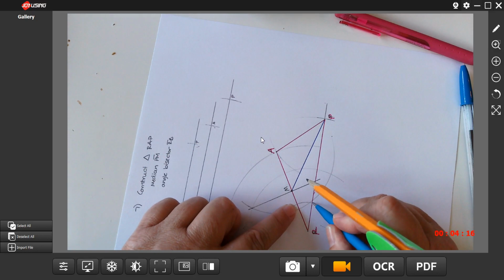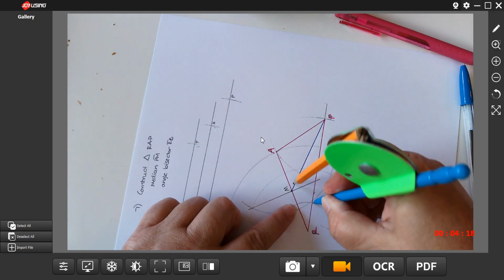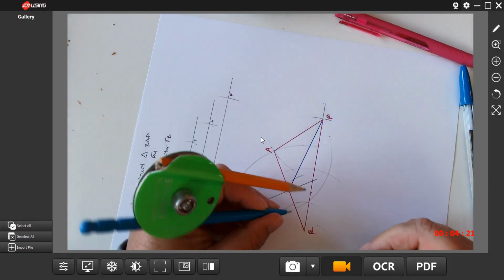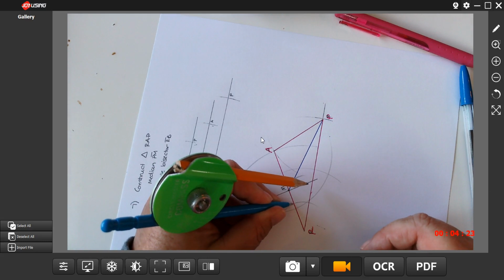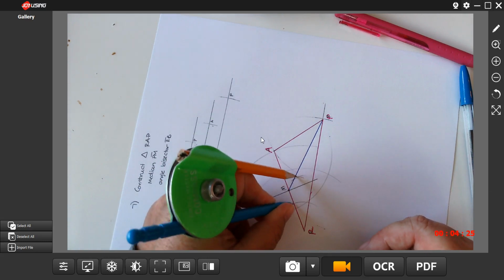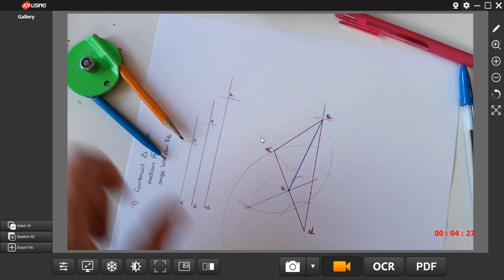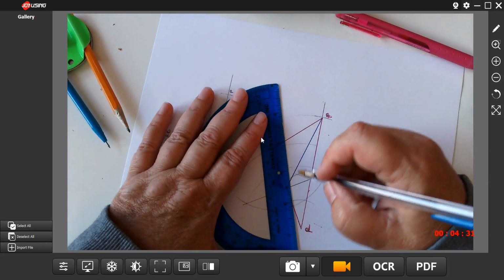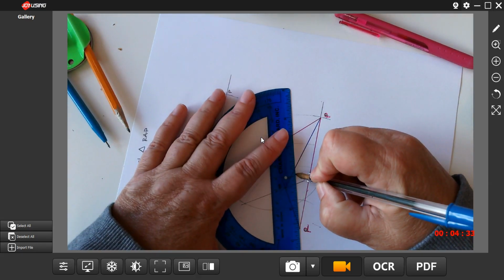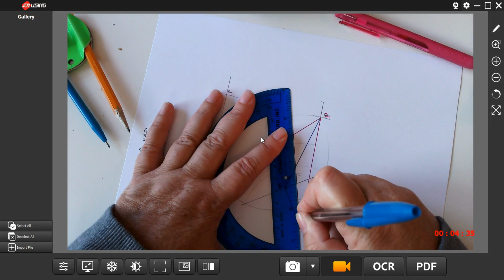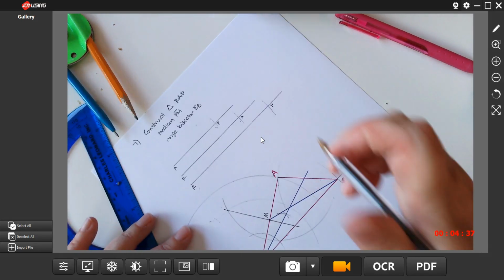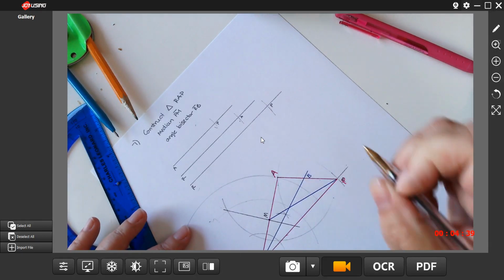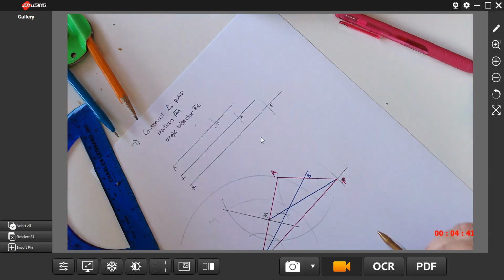So put my compass on one of those points of intersection and swing an arc out here. And my point on the other point of intersection and swing an arc. Okay, X marks the spot. Let's see, I'll draw this one in blue as well. So really, B could be anywhere on that line, but there it is. There is angle bisector RB.